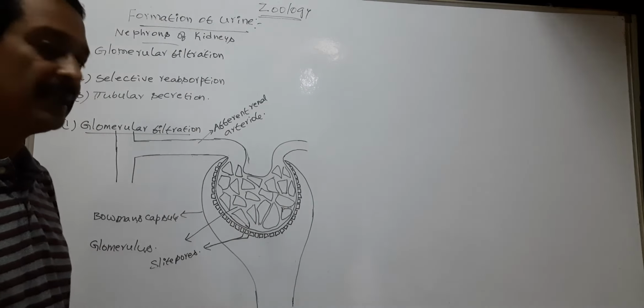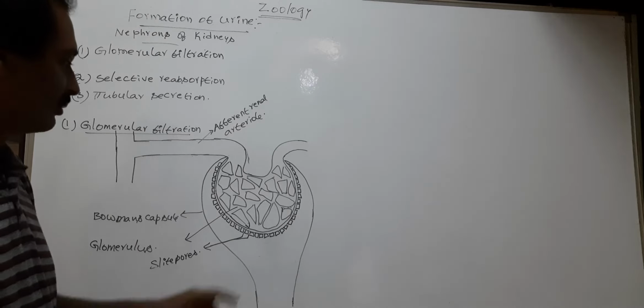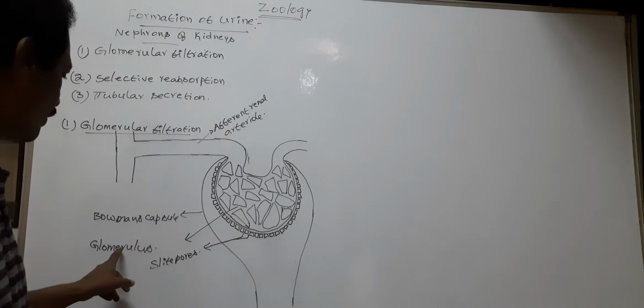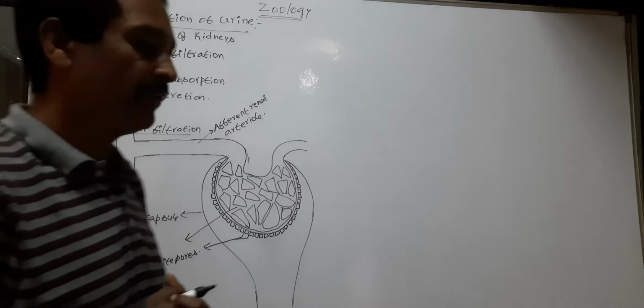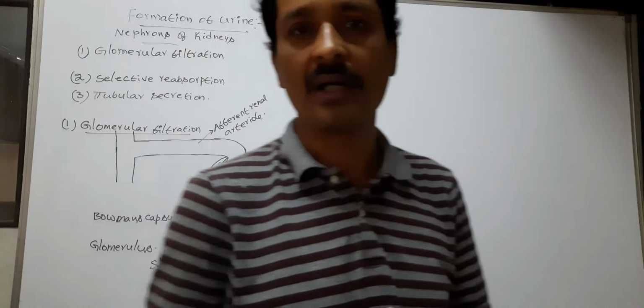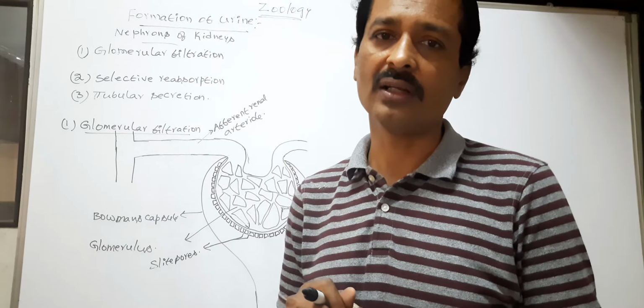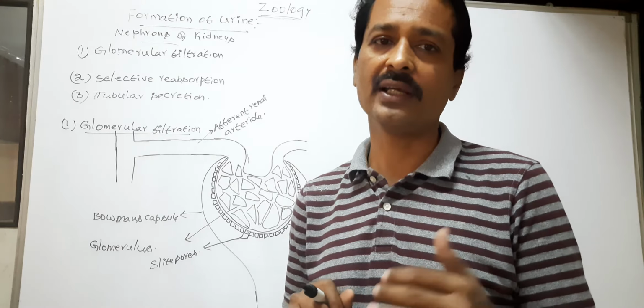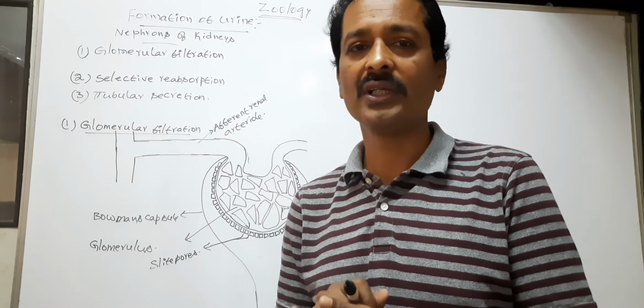Next, the wall of blood capillaries of the glomerulus has a single layer called endothelium. Generally, veins and arteries have three layers in their wall: an outer connective tissue layer, a middle muscular layer, and an inner endothelial layer.